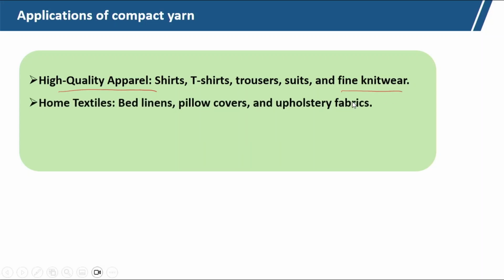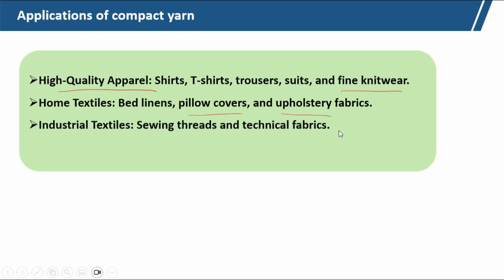Home furnishing, for bed linen, pillow covers, upholstery fabric, we use this. Industrial textile in sewing thread, where we need less hairiness. So, sewing threads and technical fabrics we use, and luxury and fashion fabrics, there we use the compact yarn.